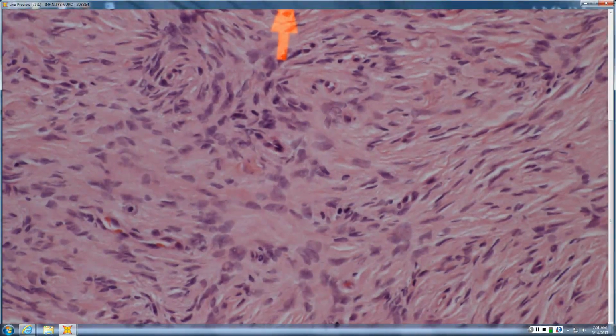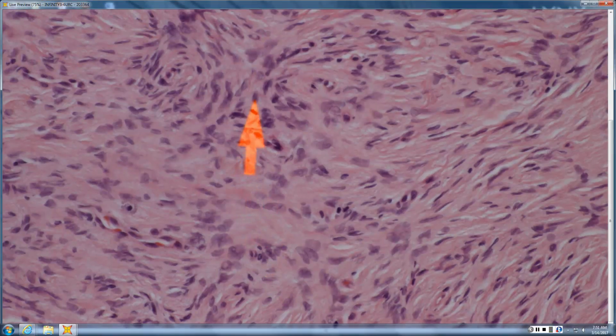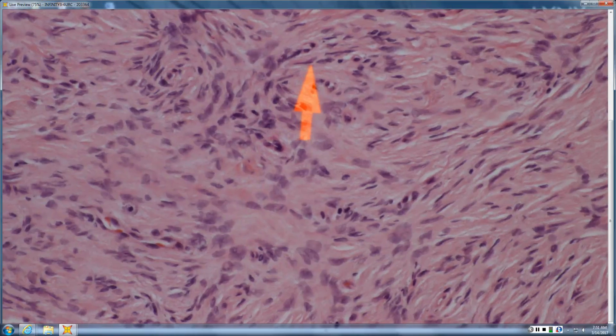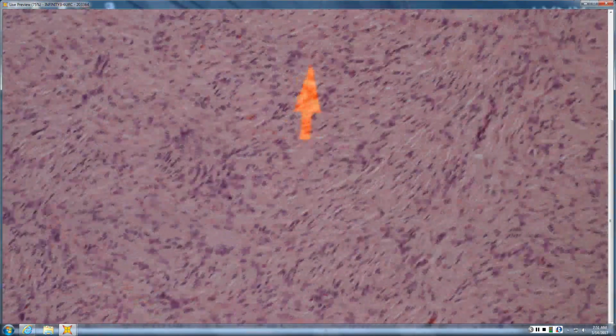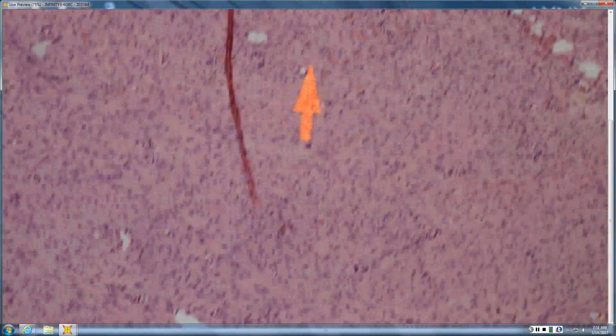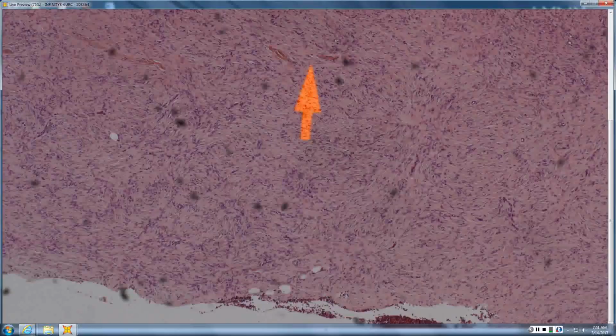It's a disc-like nucleus that in one plane of section appears oval and pale, and in the other plane of section appears skinny and dark because it's a flat disc. And that's morphology pretty unique to DFSP.